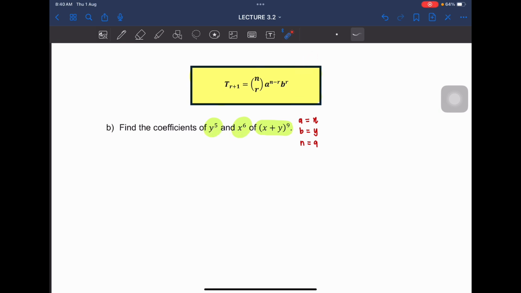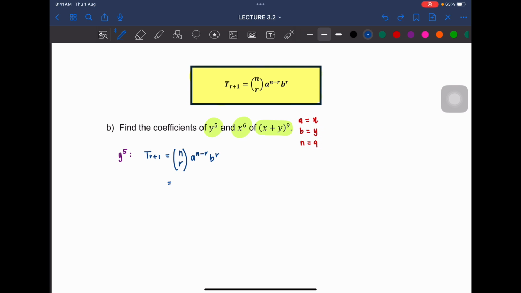So how do we use it? What we know is, we want to find the term that has y to the power of 5, right? We don't know which term. So first, I just need to write the formula: n choose r, a to the power of n minus r, and b to the power of r. Then I insert the info that I know, which is a, b, and n.